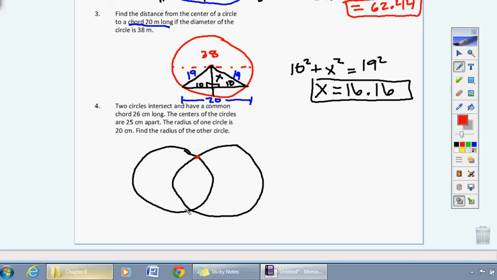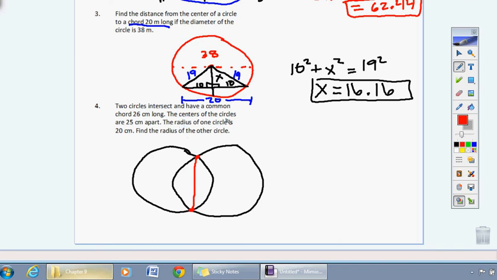Remember, a chord is just 2 points that are connected on the circle. So I'm going to make my common chord here. And it tells me that that chord is equal to 26 centimeters long.